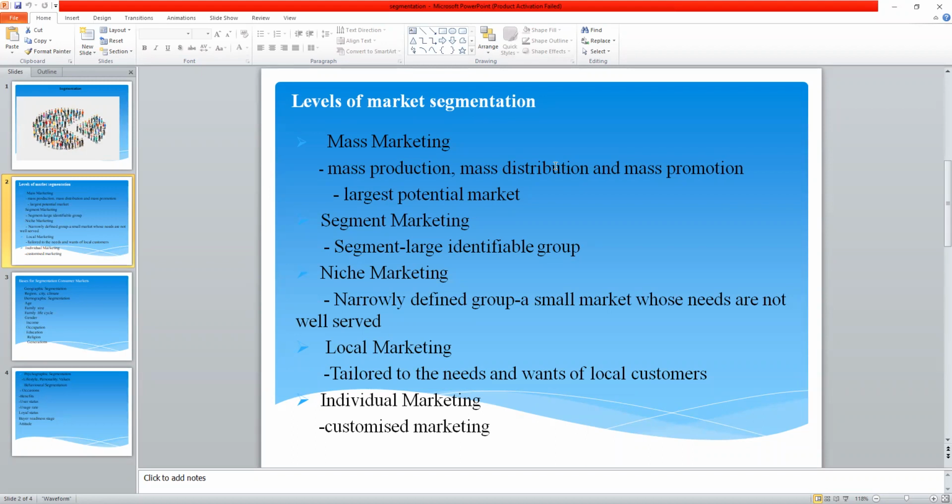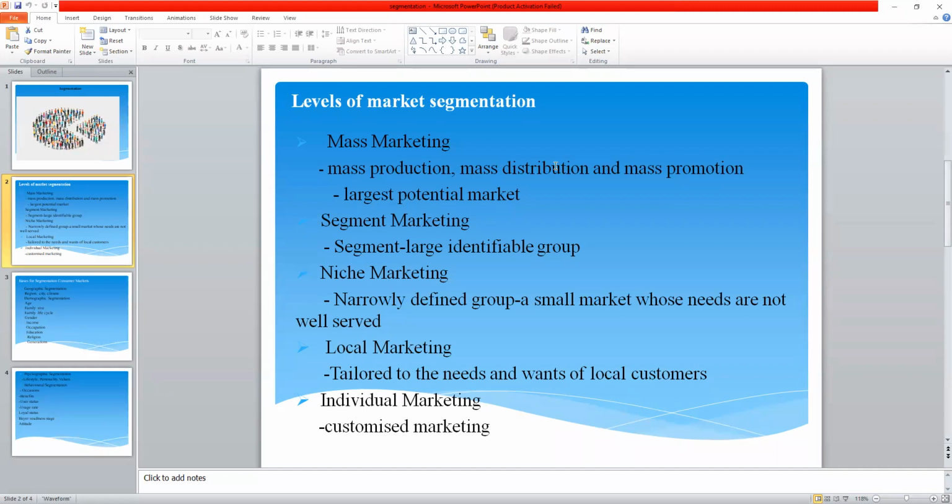A market segment consists of a large identifiable group within a market with similar wants, similar purchasing power, a similar geographic location, same buying attitude, customer habits. All these are mapped where they are found to be on the same grounds.